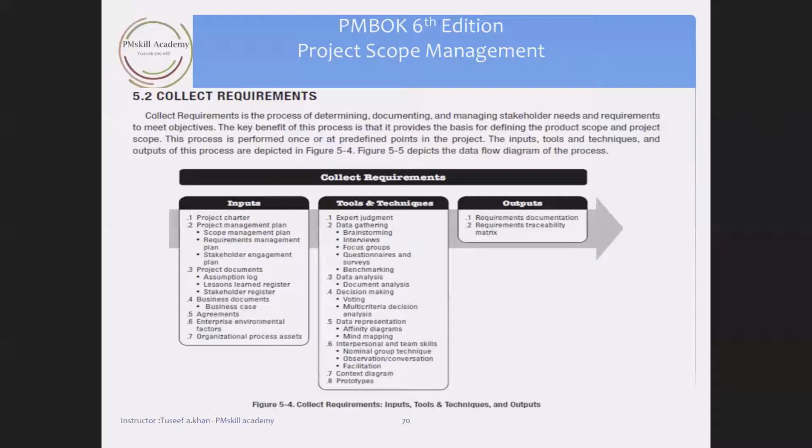Data representation is how we will represent the data. Interpersonal and team skills cover how we will facilitate our decisions. Then context diagram and prototyping. There are 2 outputs: the requirements documentation and the requirements traceability matrix.